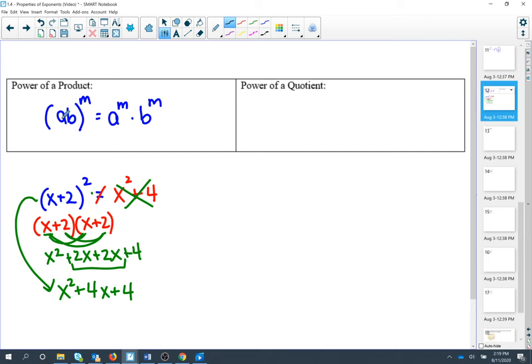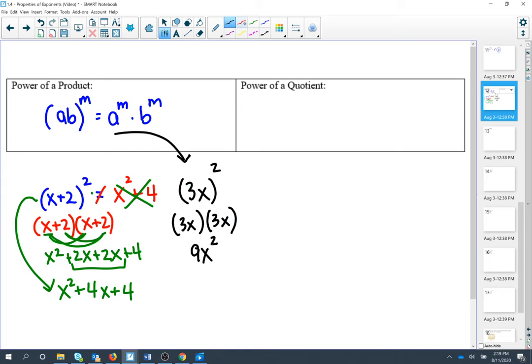Because if I were to apply this to 3x squared, I could do 3x times 3x and write it twice, just like I did here. And 3x times 3x is 9x squared.